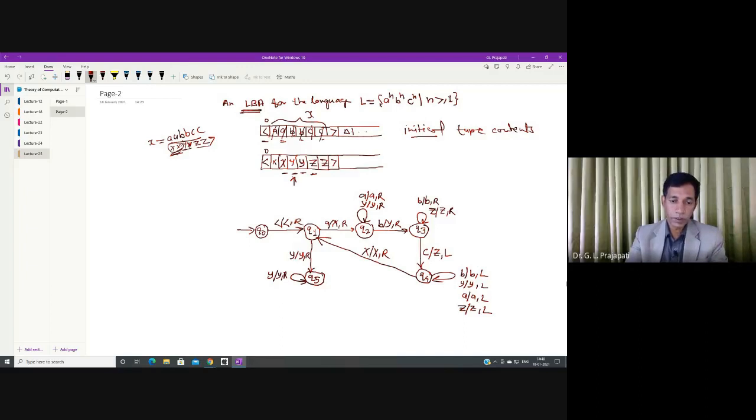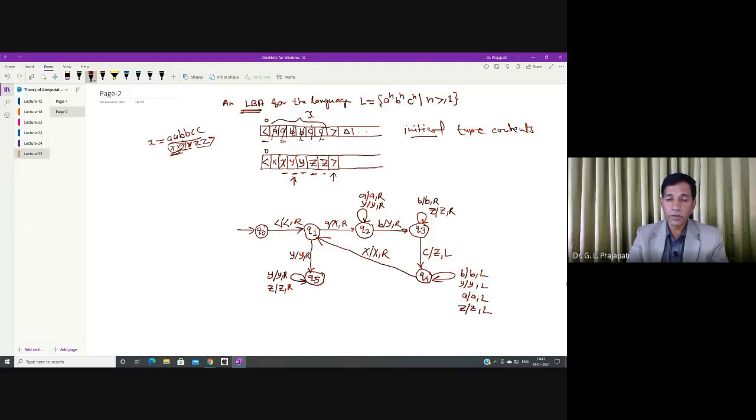So while scanning for y, go to the right. We want only y here, that's why you have to mention y. Once you have scanned all the y's, then you have to scan z. So after the y you should have the z. You replace z with z and go to the right, and again scan z, replace with z, go to the right.